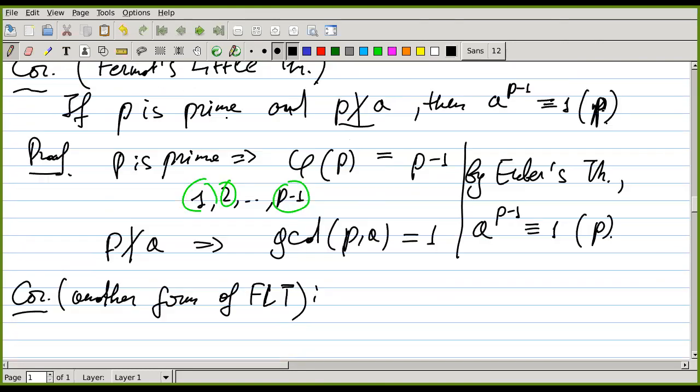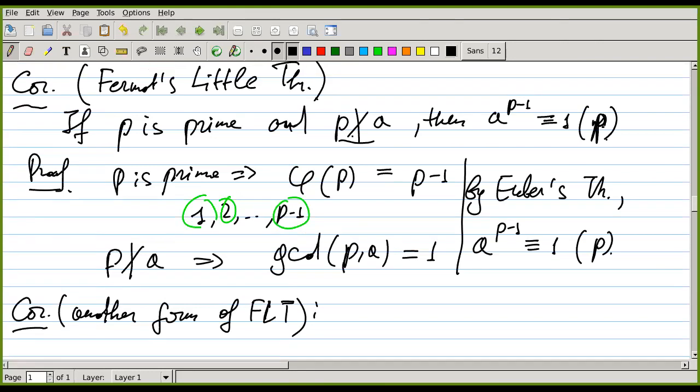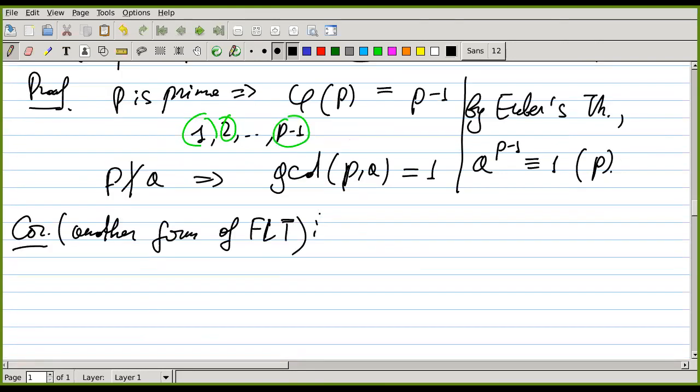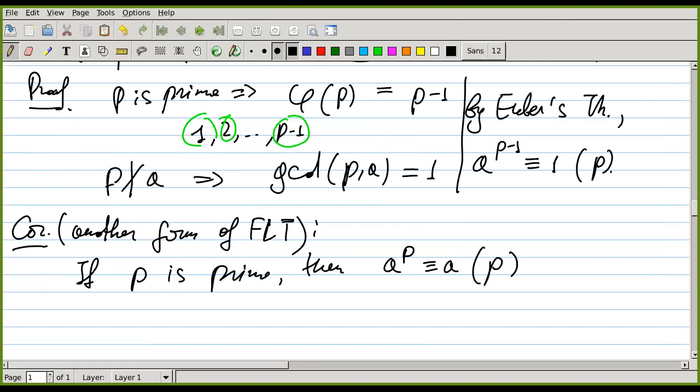We can lift this assumption that P does not divide A. If P is prime, then A to the power P is congruent to A modulo P. Why is it so? It is obvious. Two cases.